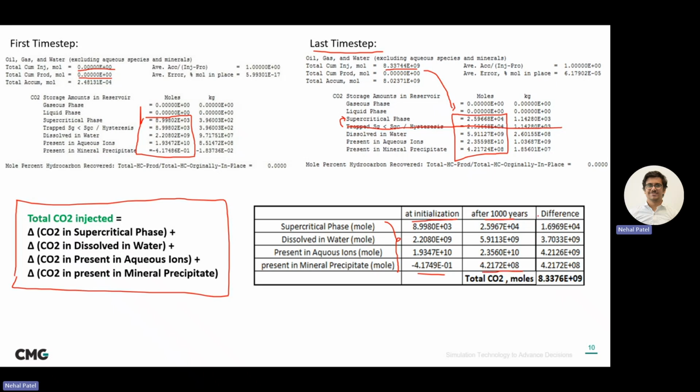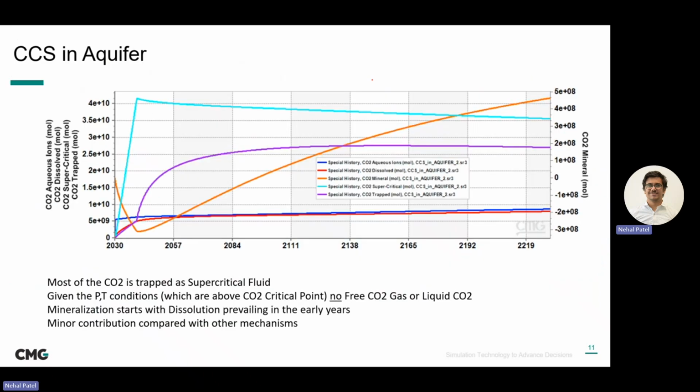Right now we are looking at the difference between those two values, and you need to sum these differences up. Now this number we can compare with the total cumulative injected, and we can see that it's similar. This is how we can double check how our injected CO2 is stored under different forms.